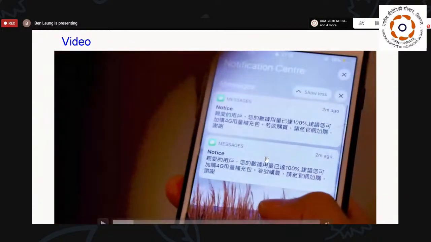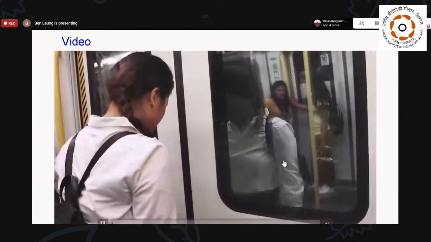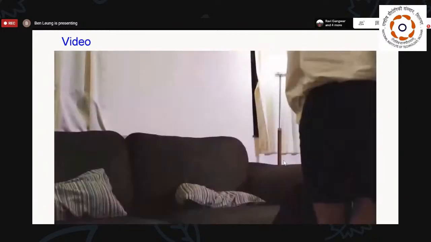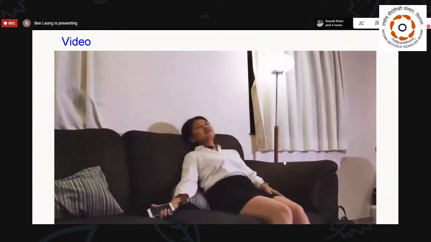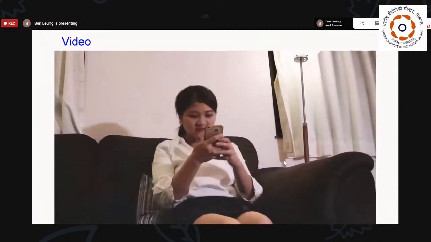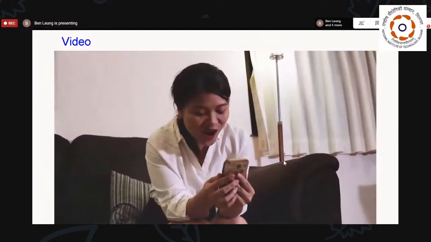Okay, now here, the data is used up. She has no more data to communicate with her boyfriend. So she is frustrated. Now she returns home. And now she can use Wi-Fi to communicate with her boyfriend.